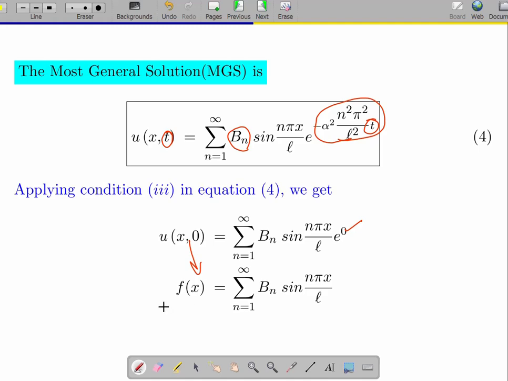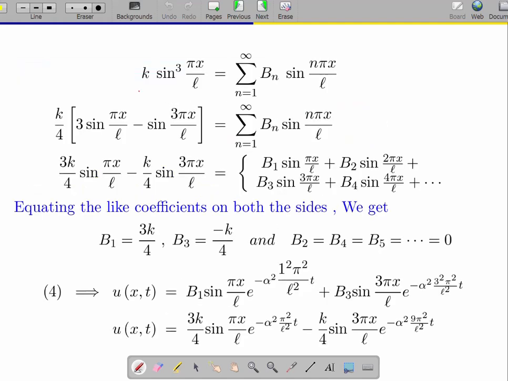Now we replace f of x here. Our f of x is k into sine cube pi x by l. We know that sine cube theta is nothing but 1 by 4 into 3 sine theta minus sine 3 theta.